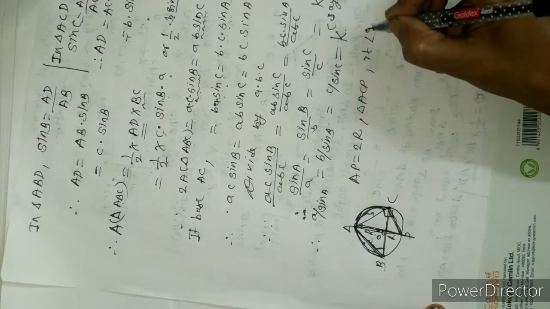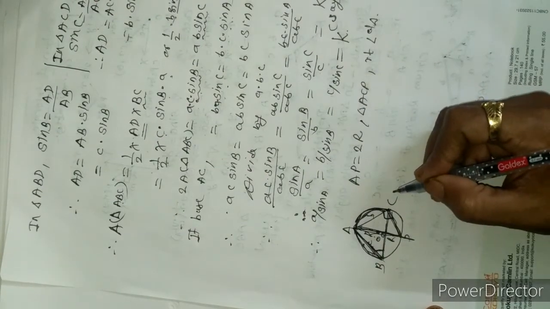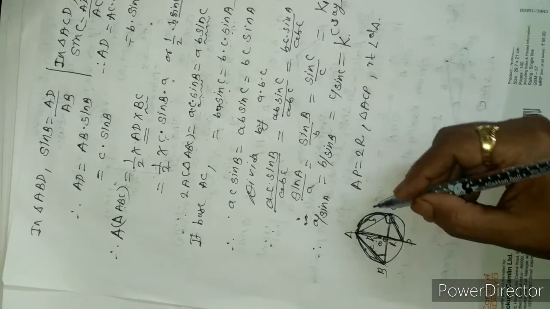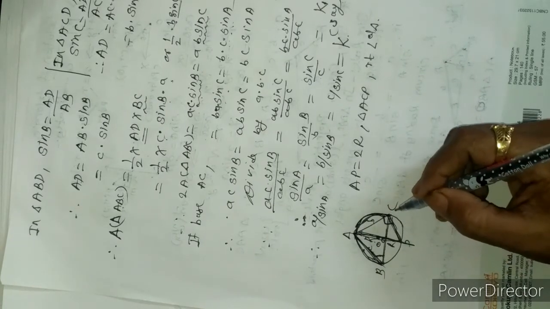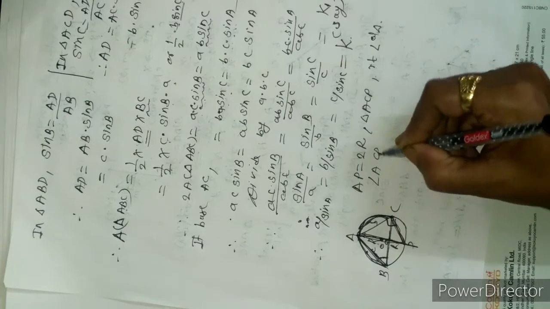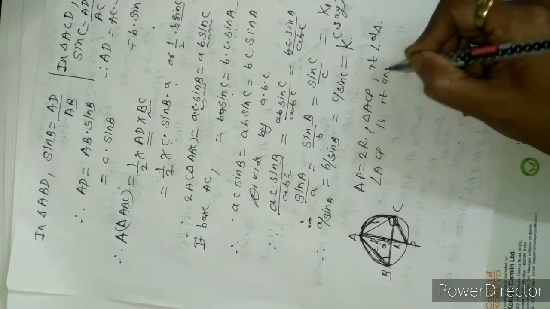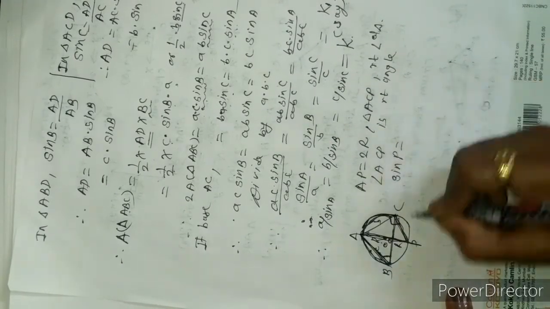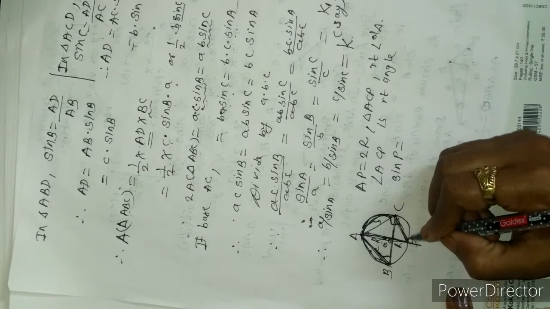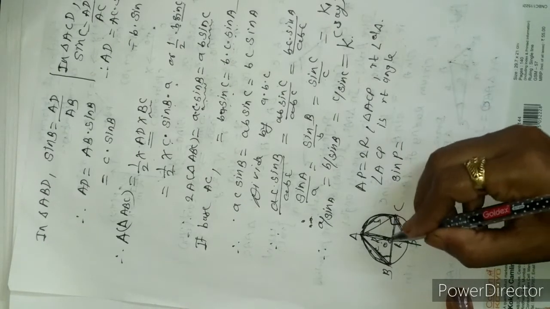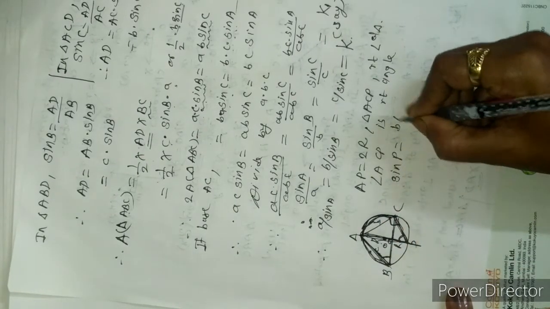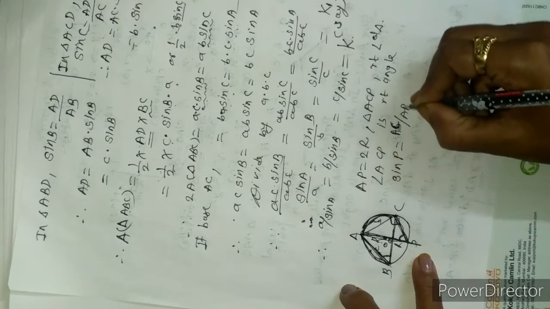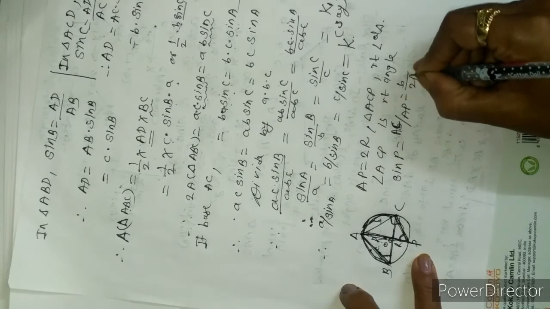Now in this right angle triangle, angle ACP is a right angle, and therefore for this we can find sin P. Sin P is nothing but, for this right angle triangle, the length of the opposite side divided by the hypotenuse, that is AC upon AP. The length of AC is equal to B and AP is equal to 2R.